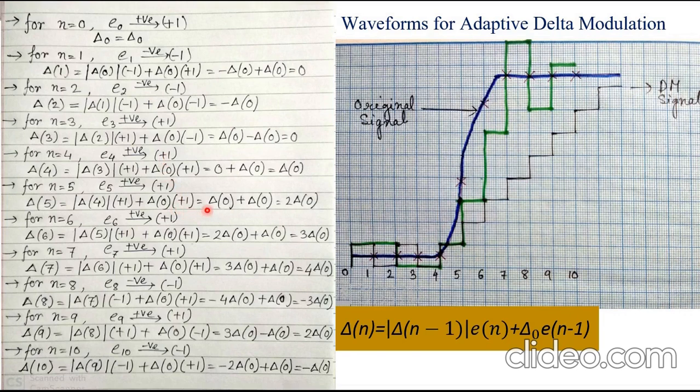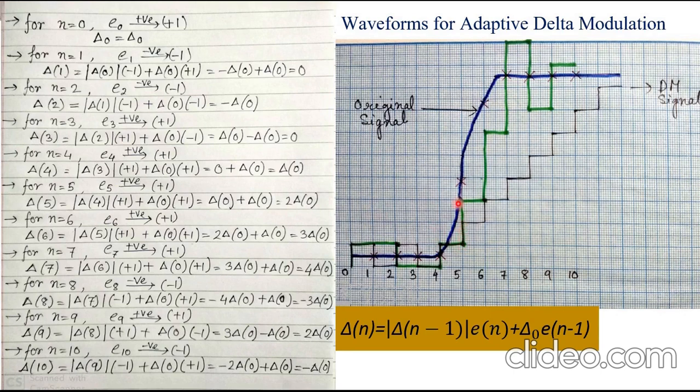So the delta 4 value is delta 0 into 1 delta 0 plus delta 0 into 1 delta 0. So delta 0 plus delta 0, it will be 2 delta 0. So here for next step, you will be finding this will be having 2 delta 0 step, because now the result is 2 delta 0. So this will be having 2 delta 0 step.